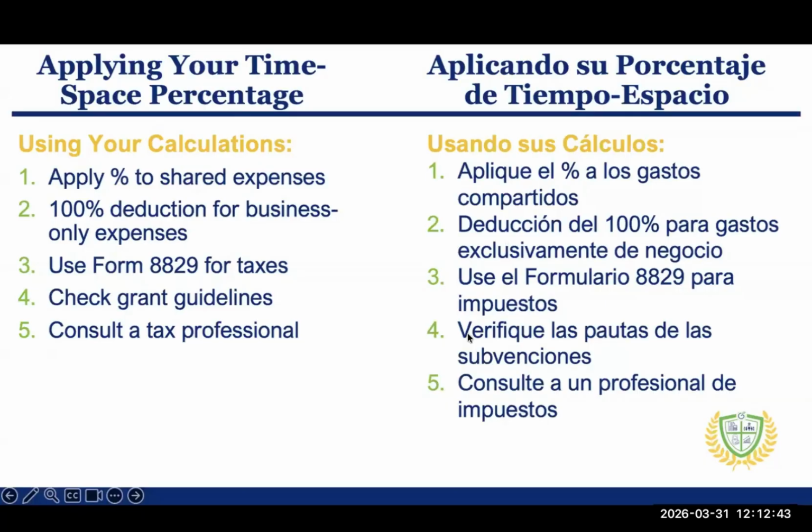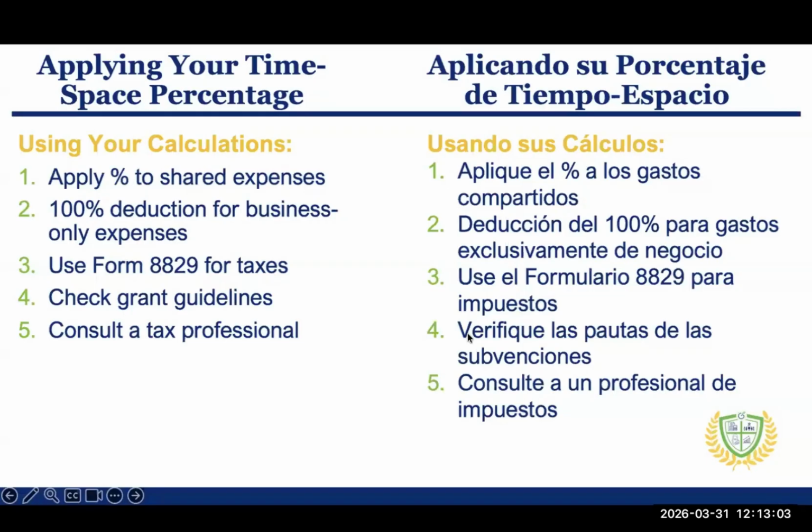Let's say we spend $100 on utilities every month and our time space is 30%, then that means we can deduct $30 of our utilities. So the resulting amount is what you can consider a business expense for tax purposes.